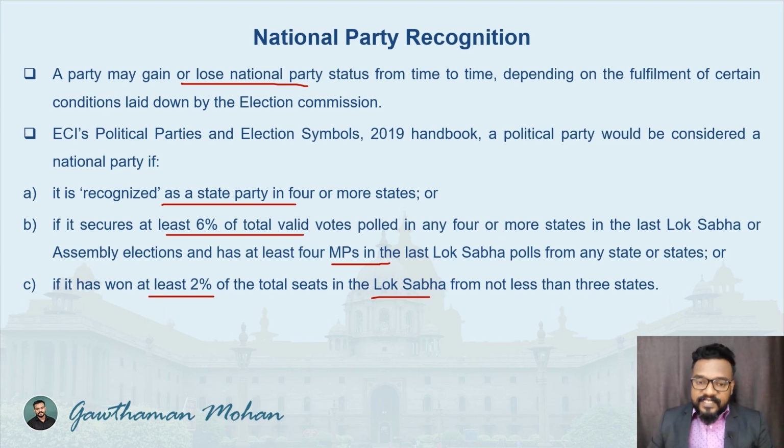So this is one important criteria, this is the second criteria, this is the third criteria. Any one of these criteria they need to satisfy, and only then can we consider a particular party as a national party.